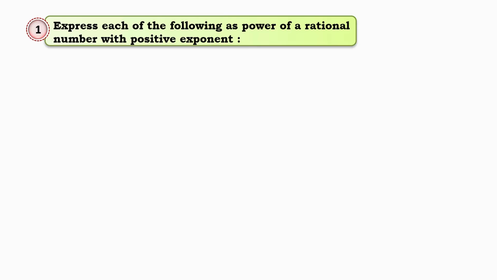Now let us solve some more additional problems. So we'll discuss those too. Now this question, express each of the following as power of a rational number with positive exponent.